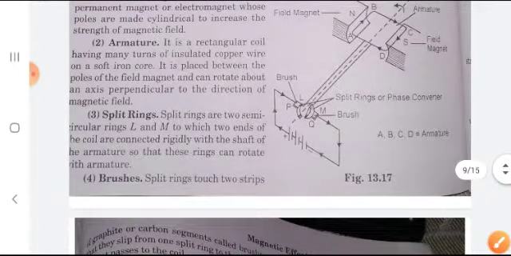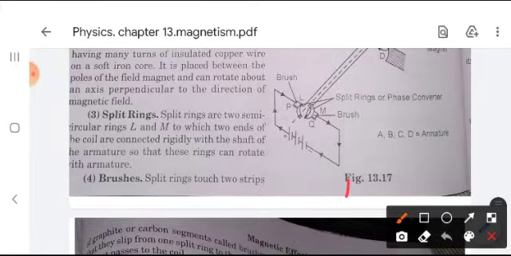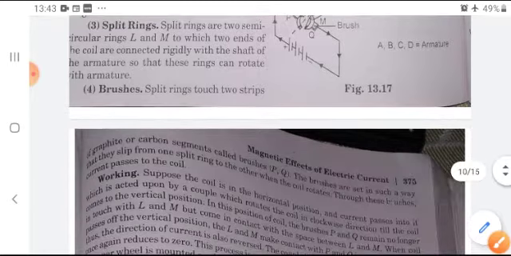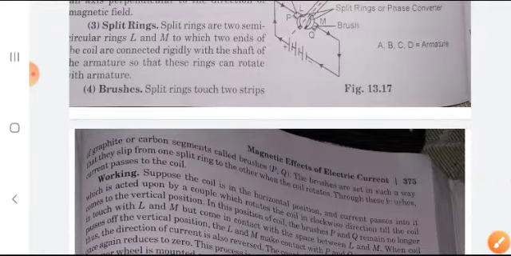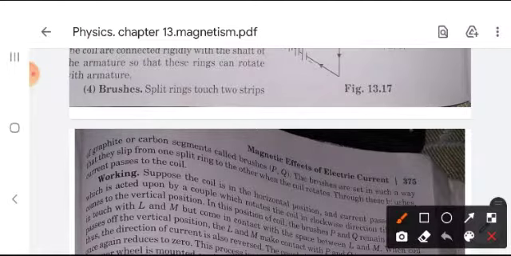Split rings are two semicircular rings L and M to which the two ends of the coil are connected, rigidly attached to the shaft of the armature so that these rings can rotate with the armature. Next are brushes. The split rings touch the two brushes P and Q alternately. These are made of graphite and sometimes carbon.